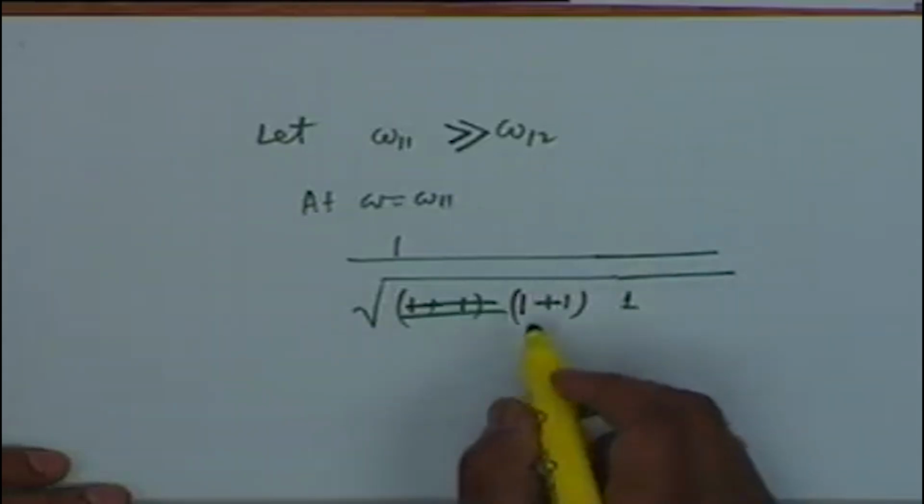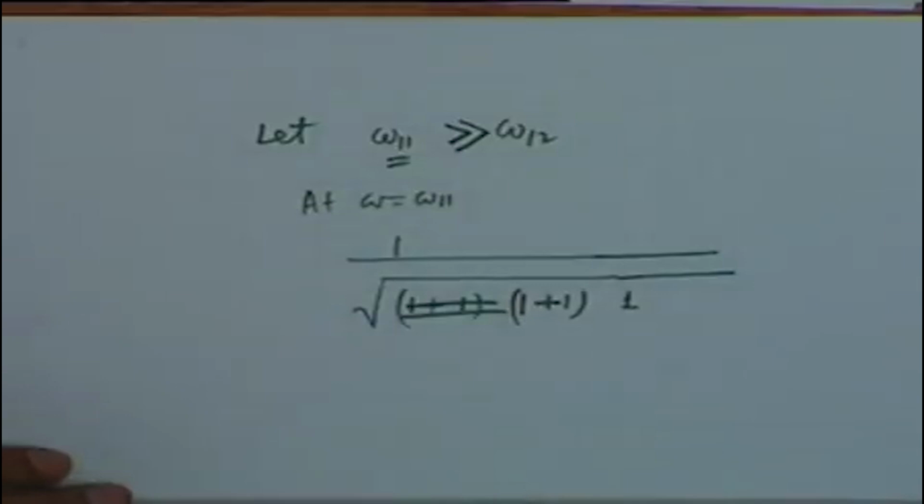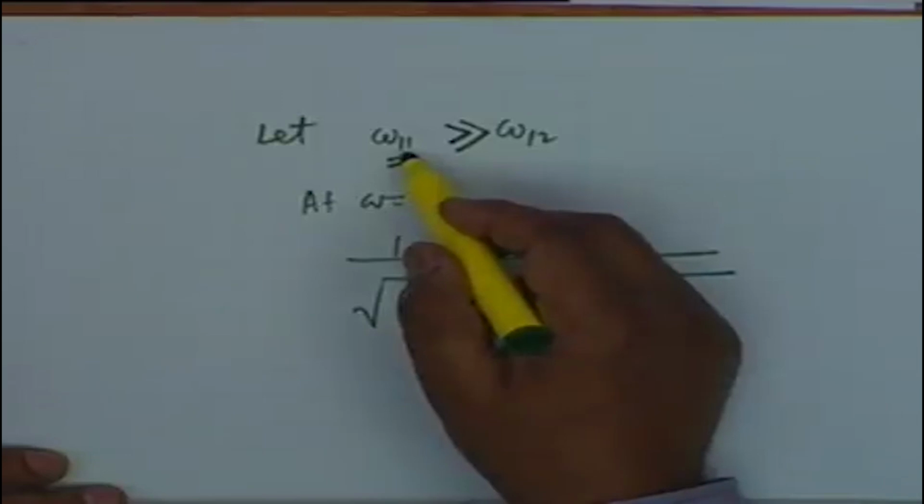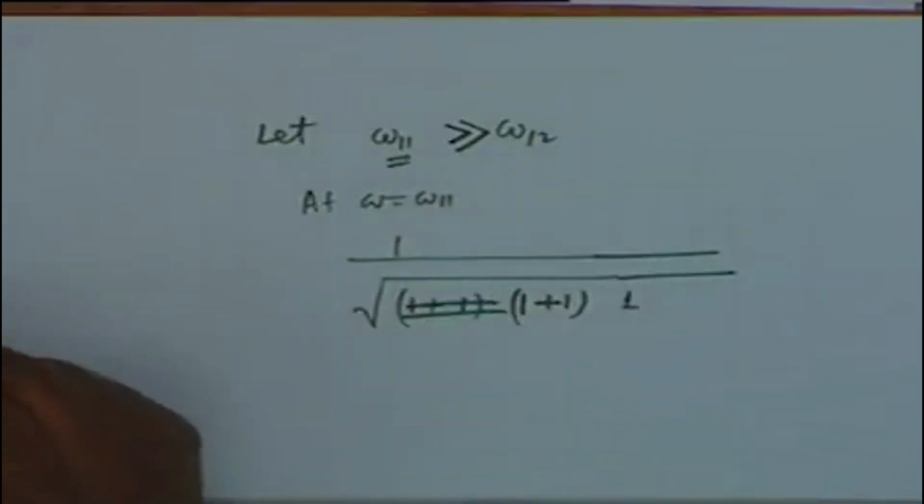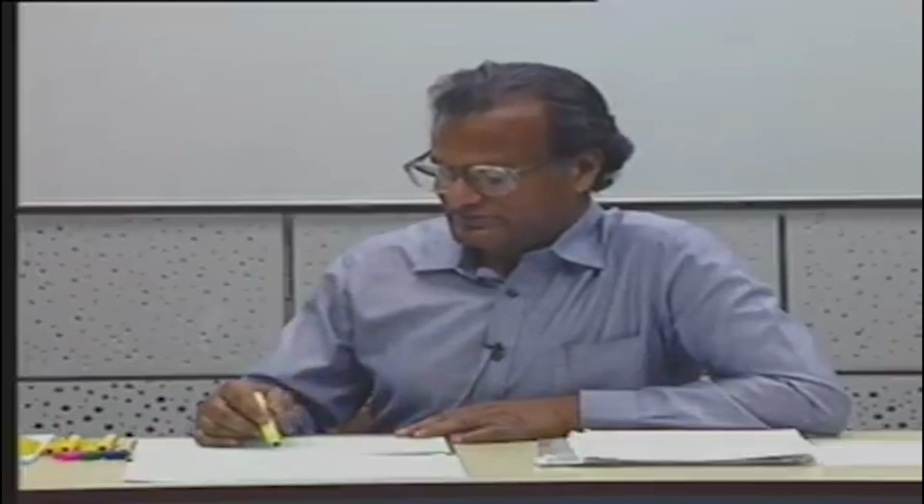And therefore omega 1 determines the low frequency cutoff. Is that clear? This is the point that I was making. If one of them is much greater than the other, I will come to what is much greater a little later. If one of them is much greater than the other, then the greater one determines the low frequency cutoff.